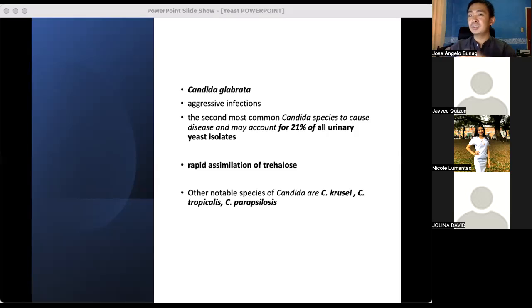So again, tandaan natin, Candida albicans, this is the first or the most common pathogenic species. Your Candida glabrata is the second most common pathogenic species of your Candida. And your Candida parapsilosis may pose nosocomial infection.